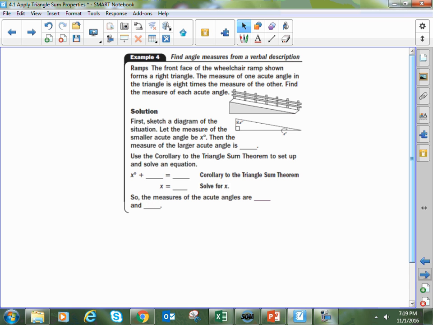So looking at the sketch that we have here, we can see that one angle is 8x and the other angle is x. So saying that 8x plus x is equal to 90, and then when we solve for x, we get x to be 10. So the measures of the two acute angles are going to be 10 degrees and 80 degrees, respectively.